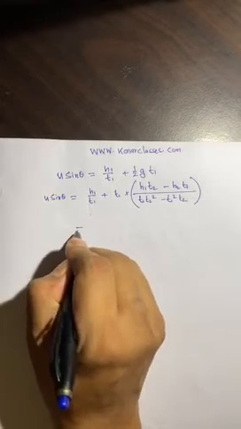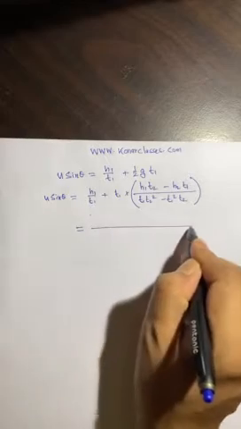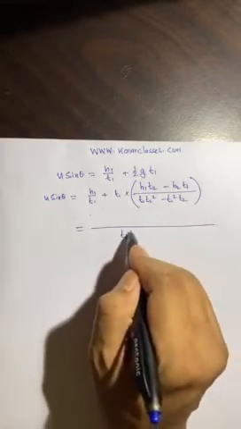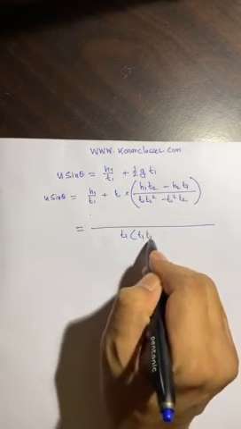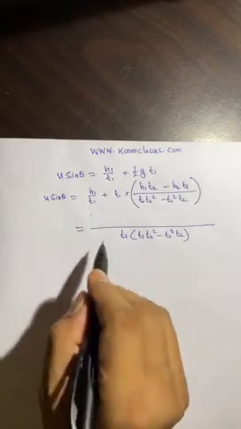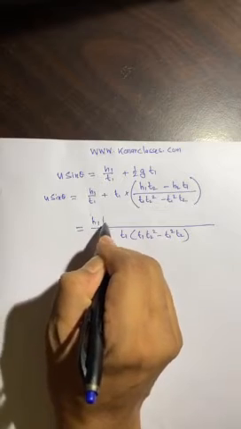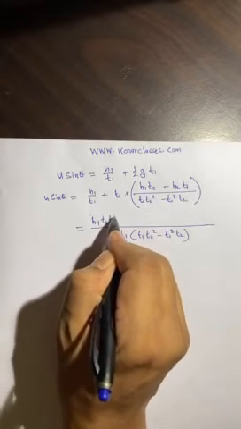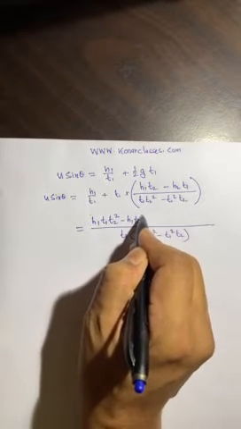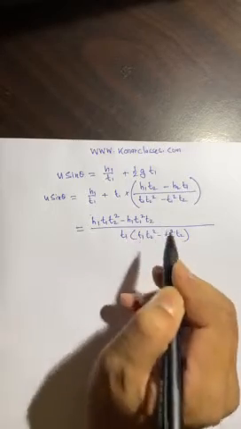Now that simple calculation we need to do here. Put a big line, t1 into t1 t2 square minus t1 square t2, and here you have to multiply this one. So h1 t1 t2 square minus h1 t1 square t2.